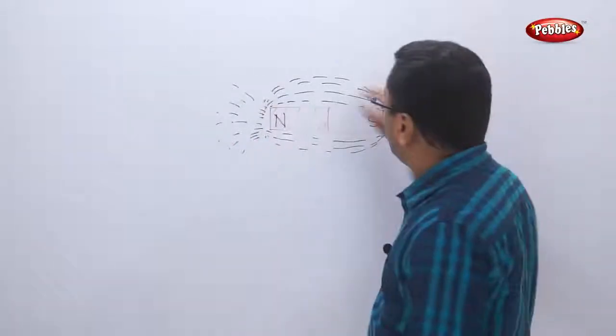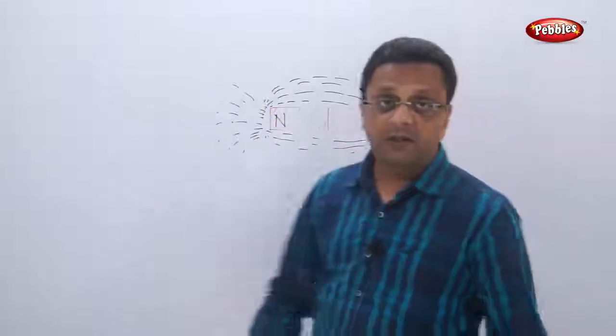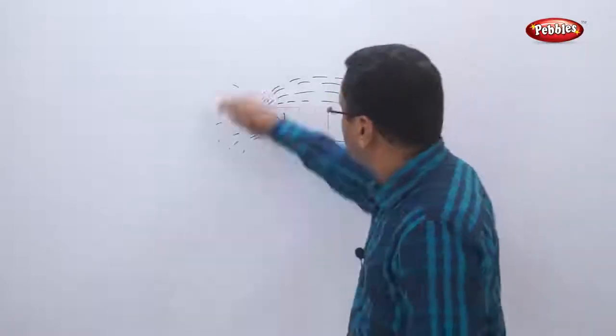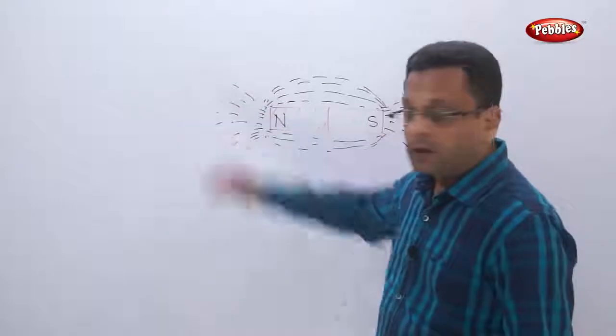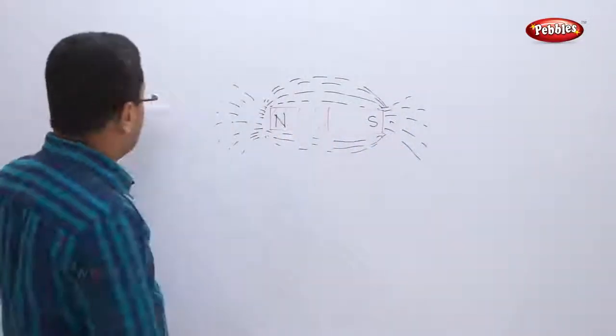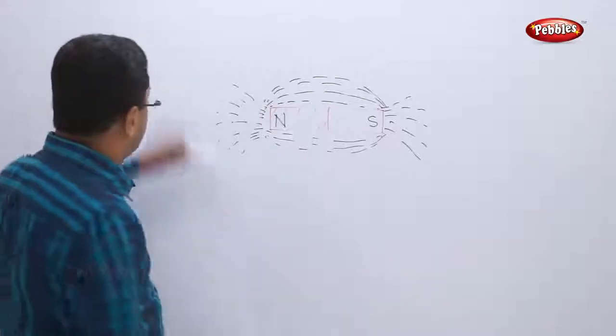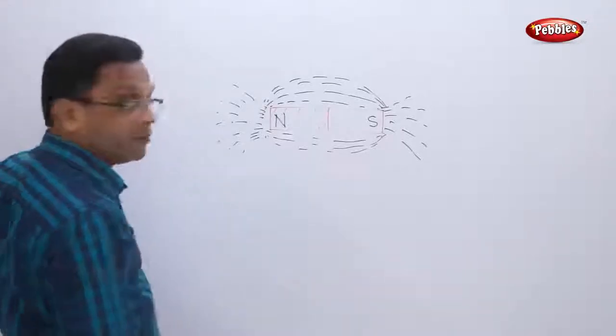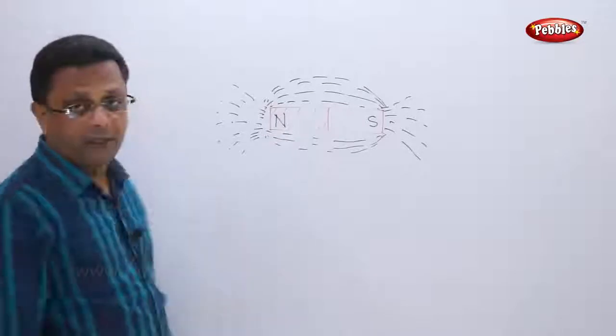Now these are called the lines of force. That means this is the field of attraction for this magnet. Now suppose a second magnet, or any iron material, or suppose a nail is put here away from the magnet, it may not get attracted.